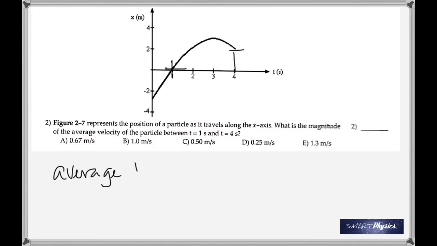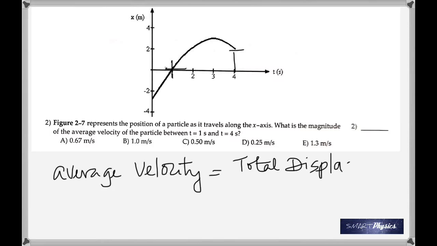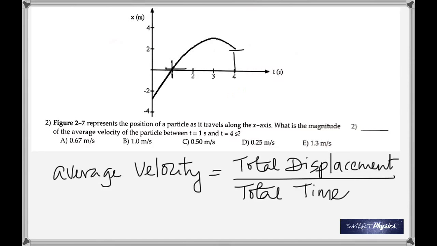So, average velocity is total displacement by total time, and since the total displacement is 2 meters and the time is 3 seconds from 1 to 4, you get it as 2 by 3, which is 0.67 meter per second.